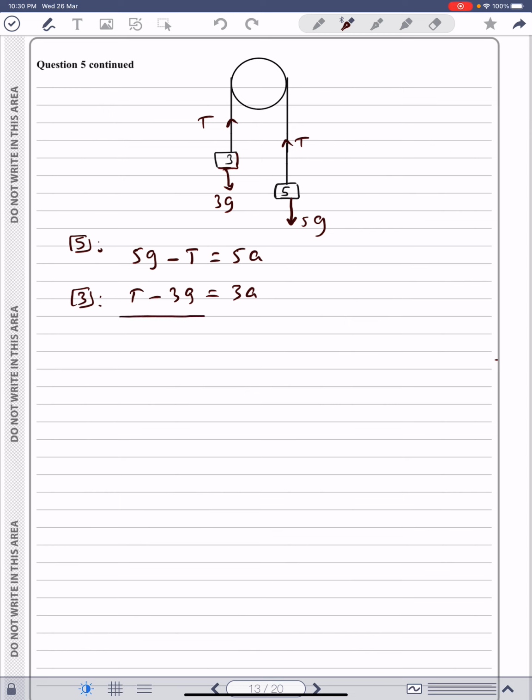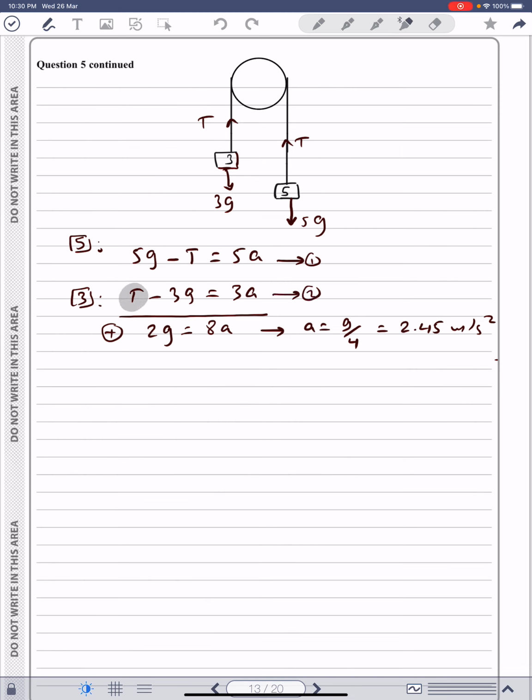Then by adding the two equations together, you will get 2g, with T gone, equals 8A. Find the acceleration of the system first, which is g over 4, which in decimal is 2.45 meters per second squared. Then we go to any equation we want.